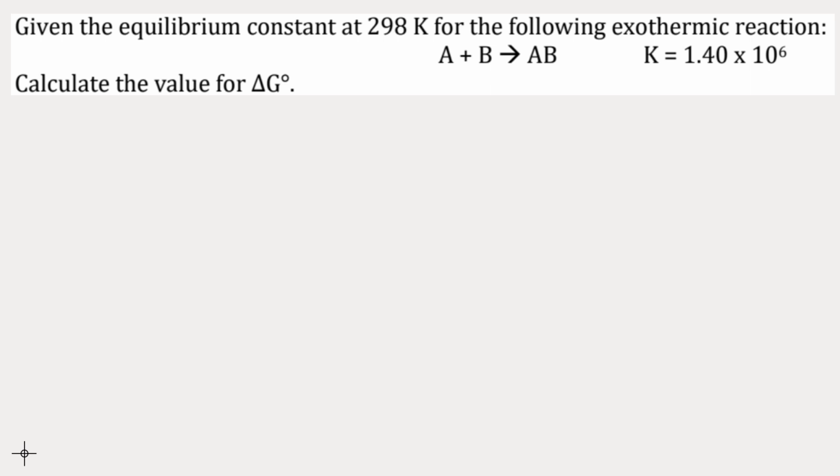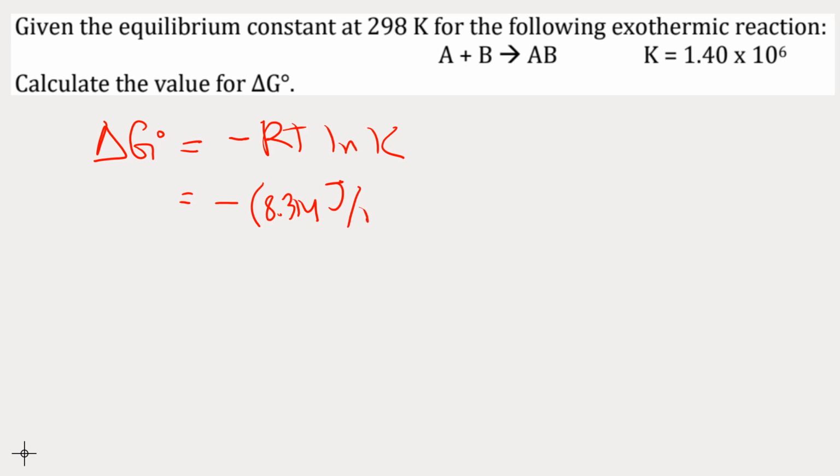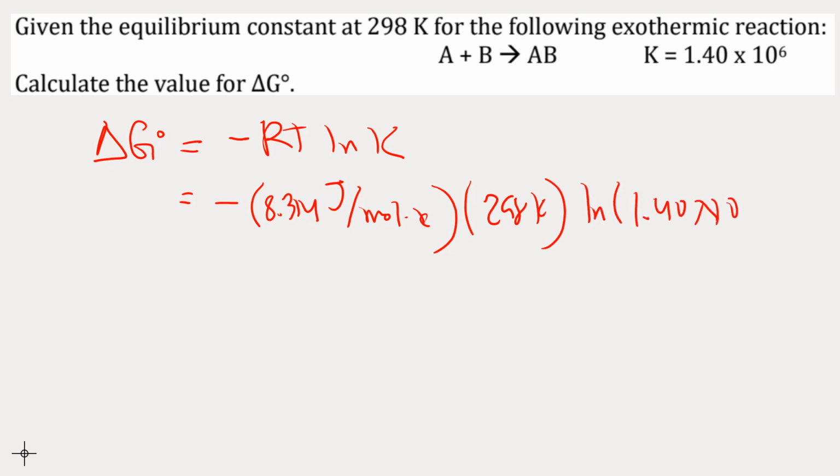So we have delta G standard equals negative RT natural log of K. So negative 8.314 joules per mole Kelvin times the temperature 298 Kelvin, natural log of 1.40 times 10 to the 6th.